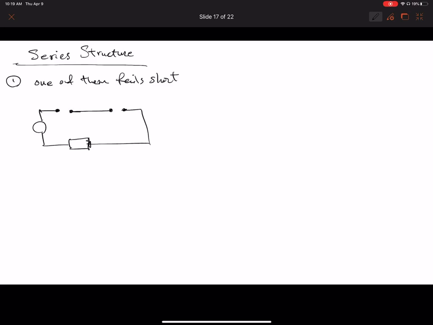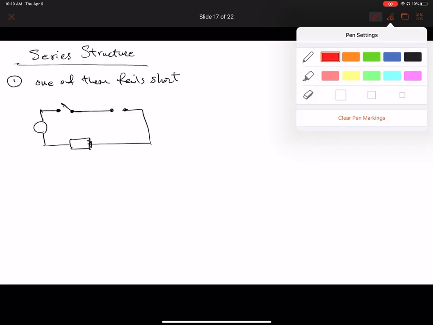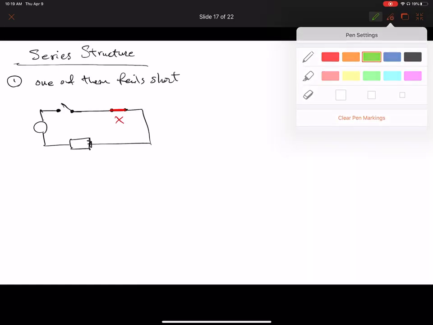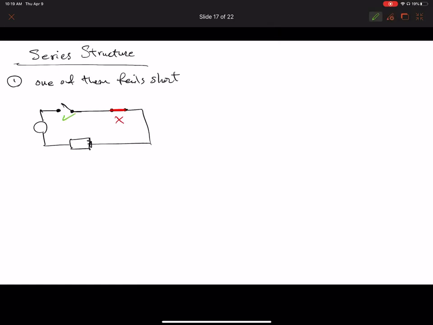Okay. One of them is functional, so you can open and close it. The other one is failed short or failed close. In that case, you still have control. So although this one has failed and this one is working, the entire circuit still works or is operational because you have control over the circuit by that one switch that is left.